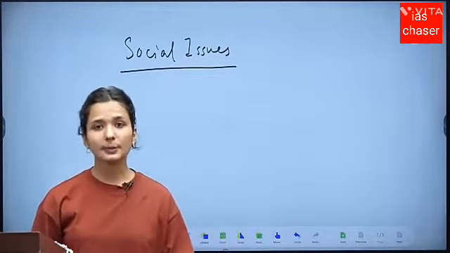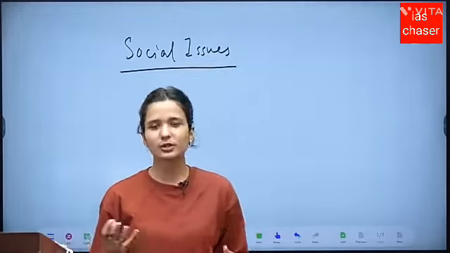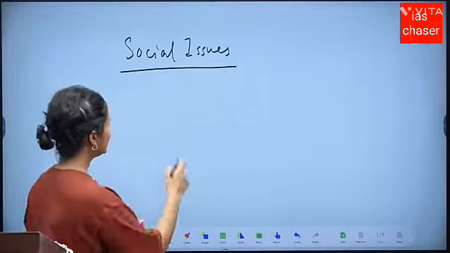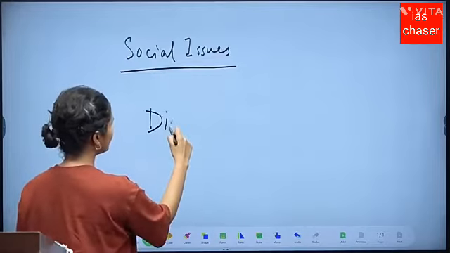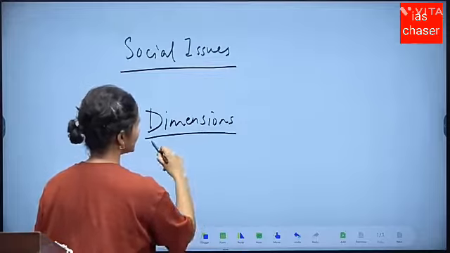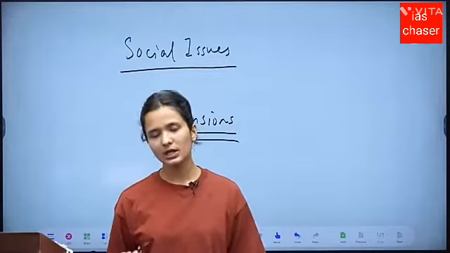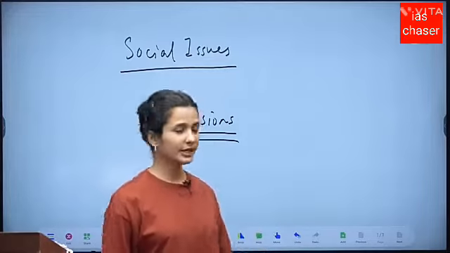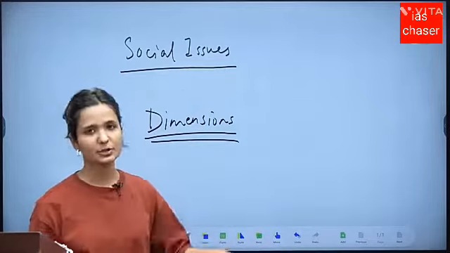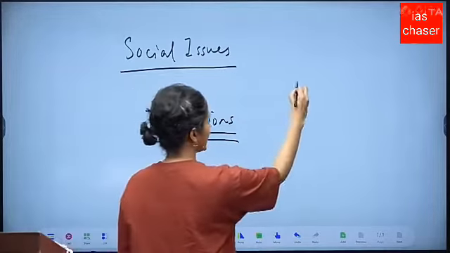This is a part of the paper, apart from GS4 and essay, which you can be a little creative with, because the questions are also a little creative. One thing that you need to focus on, which can fetch you more marks, is dimensions. The more dimensions you open in an answer, especially for open-ended questions, the more likely it is to be a good answer.